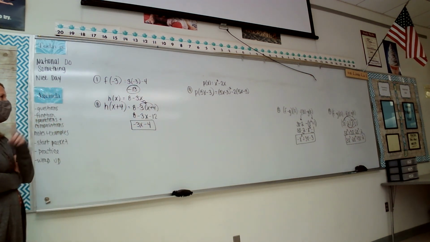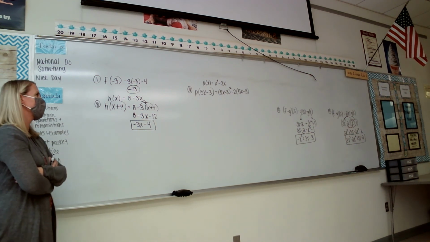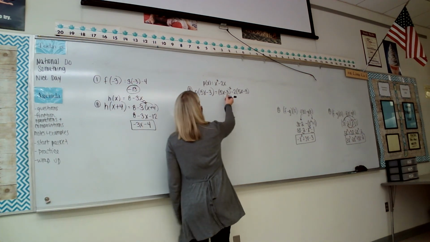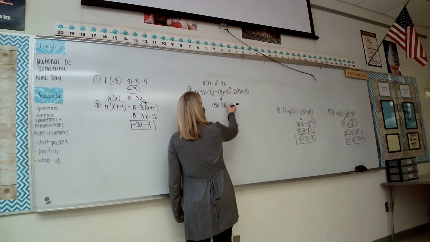So this one is going to have a little bit more simplifying than the other one did, because we have to square that binomial. A reminder of squaring a binomial: do not just do 5x squared and 3 squared. You need to multiply 5x minus 3 times itself.